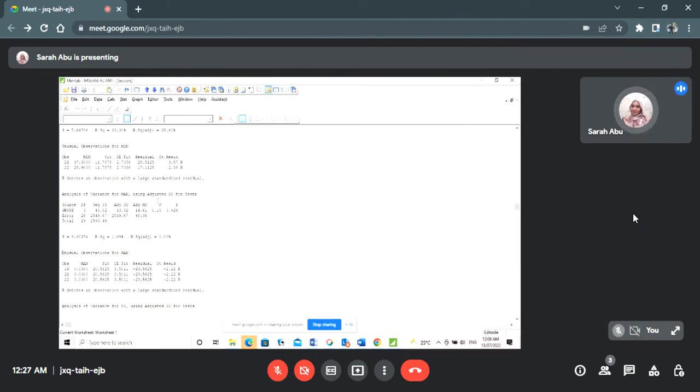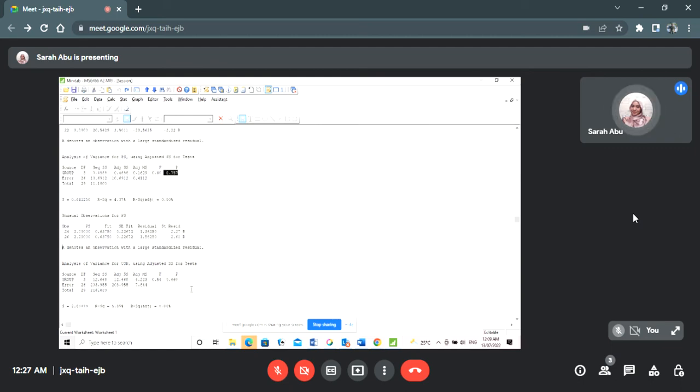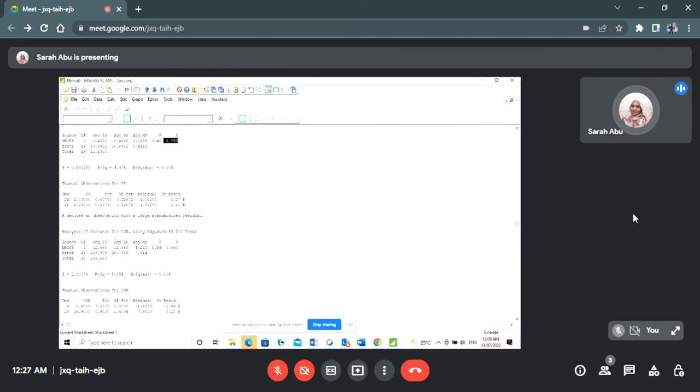Next, ANOVA for manufacturing is not significant at the 5% and 10% significance levels. The same goes for ANOVA for PS, also not significant. Then ANOVA for construction is also not significant.